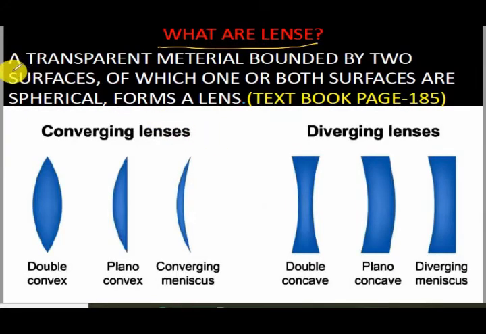So here, a transparent material bounded by two surfaces, of which one or both surfaces are spherical, forms a lens. See, it has got two surfaces here. This is one surface, and this side is another surface.